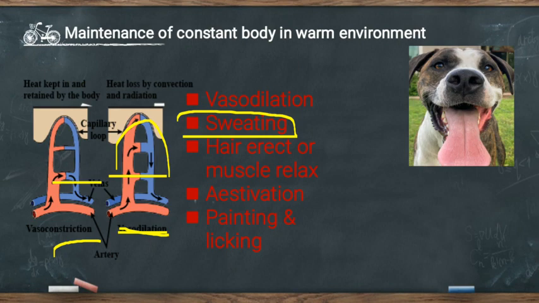Another mechanism is behavior, and this mechanism is known as aestivation. It is a behavioral mechanism, a form of hibernation, but hibernation during hot seasons.